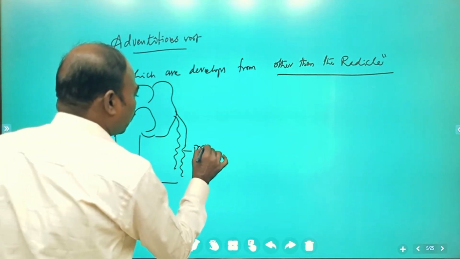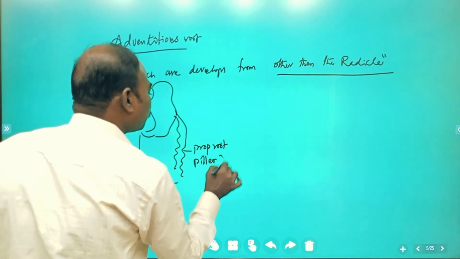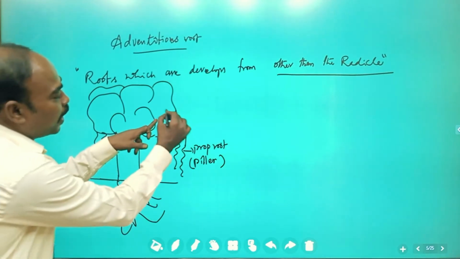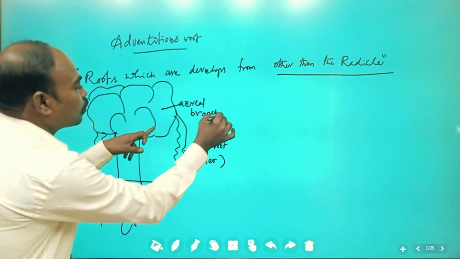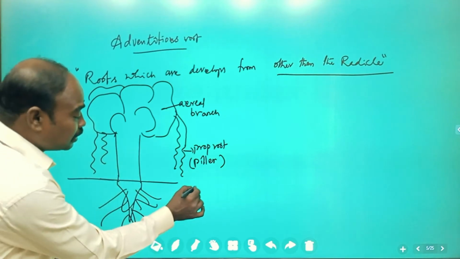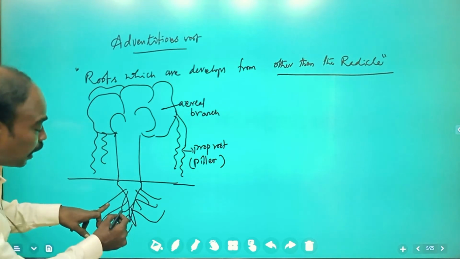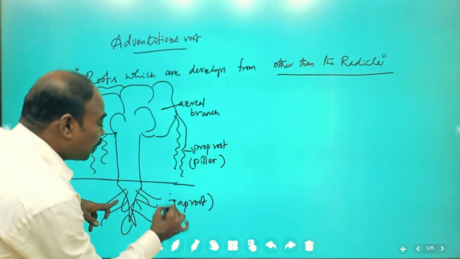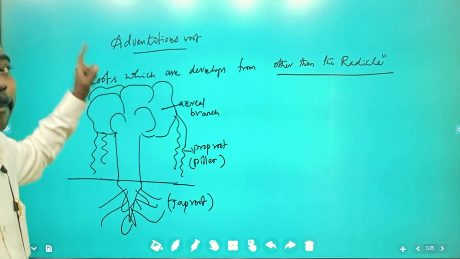These roots are called prop roots or pillar roots. The prop roots or pillar roots are developed from aerial branches. From the aerial branch, the roots develop, go towards the soil, touch the soil and give mechanical support to the plant. Even though it has a taproot present inside the soil, the pillar roots or prop roots develop from aerial parts of the plant.